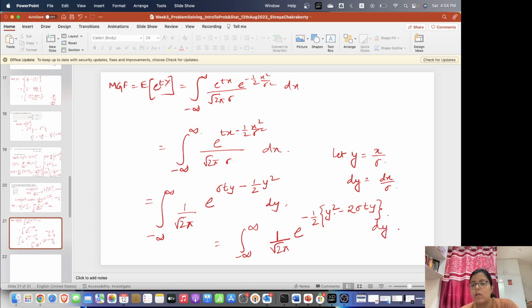Here we are looking for something very similar to a minus b whole square. So this is y square minus 2 sigma ty, something.